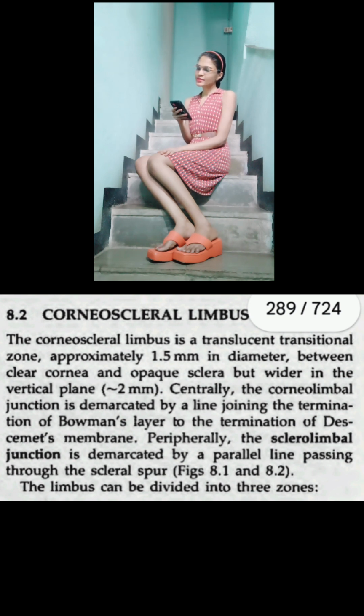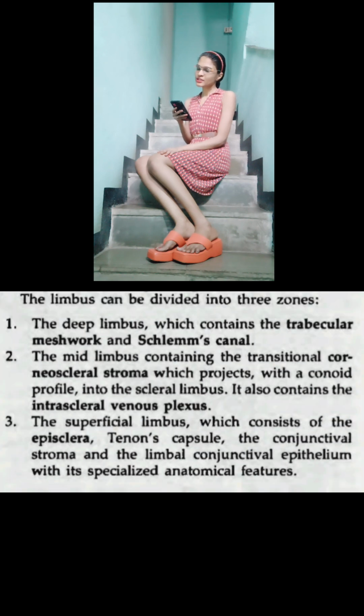The limbus can be divided into three zones: first, the deep limbus; second, the mid limbus; and third, the superficial limbus. The deep limbus contains trabecular meshwork and Schlemm's canal. The mid limbus contains the transitional corneoscleral stroma, which projects with a conoid profile into the scleral limbus.